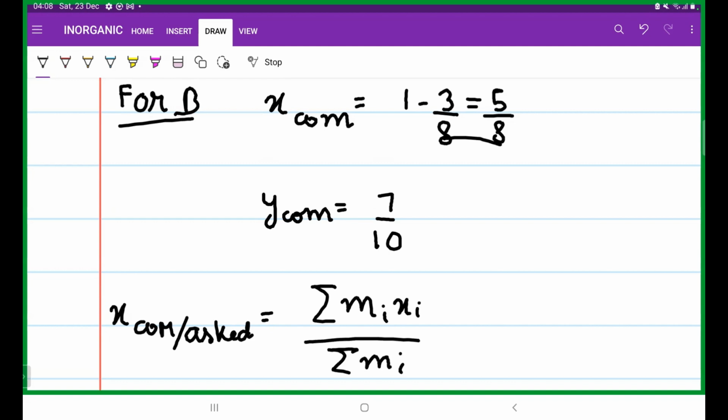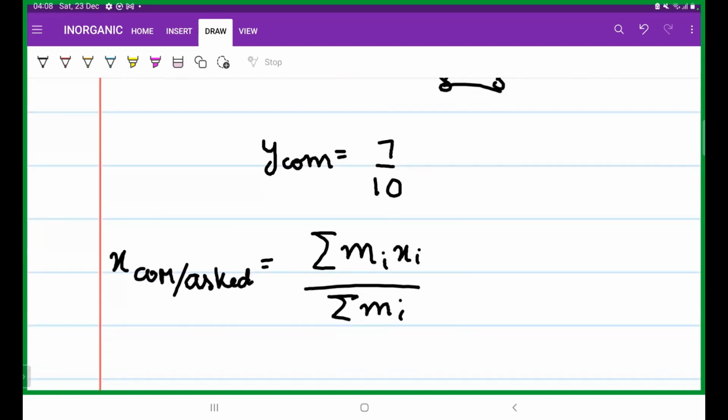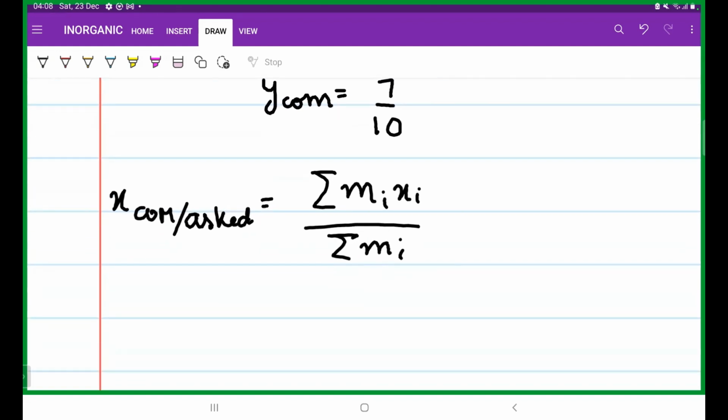This is no longer that continuous mass distribution which we had to use in order to find the center of mass of blocks A and B. We can now consider the entire block to be concentrated at a single point. That is why we have made the concept of center of mass, in order to make our lives easier, right?